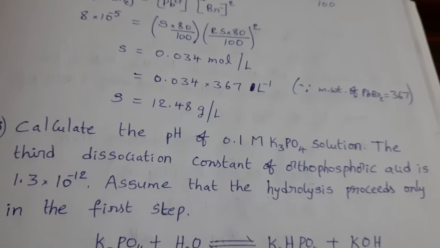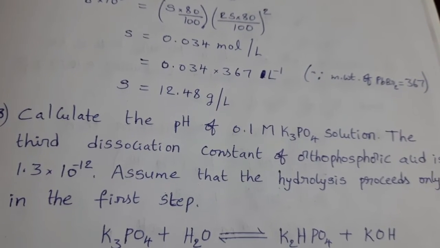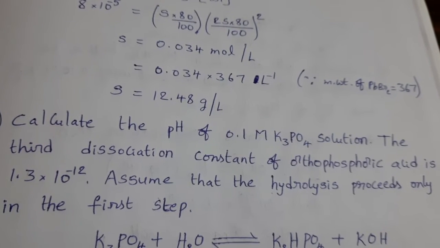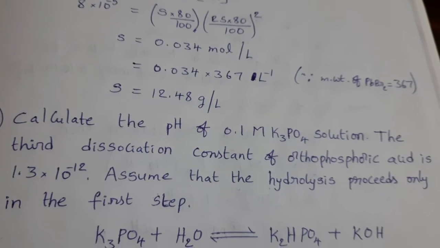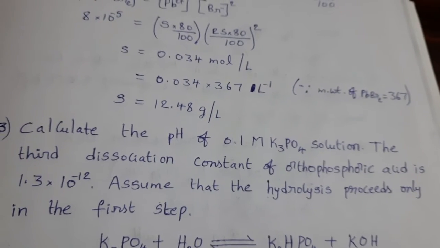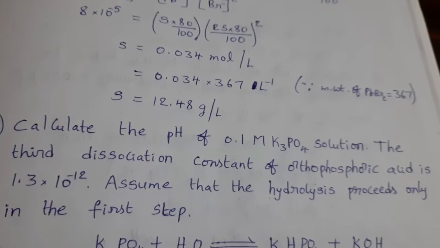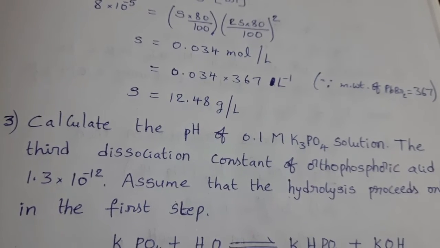Assume that the hydrolysis proceeds only in the first step. So we have to calculate the pH of K3PO4, and the concentration is given, 0.1 molar, and another piece of information is that the third dissociation constant of orthophosphoric acid is given.